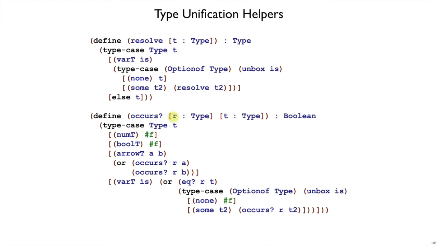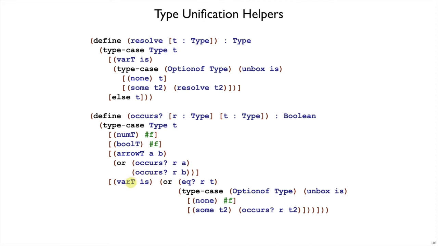If you're looking for some type variable r in some other type t, and that other type is a num type or a bool type, then clearly it doesn't have a type variable. But if it's an arrow type, then it might have a type variable in the argument part or in the result part.